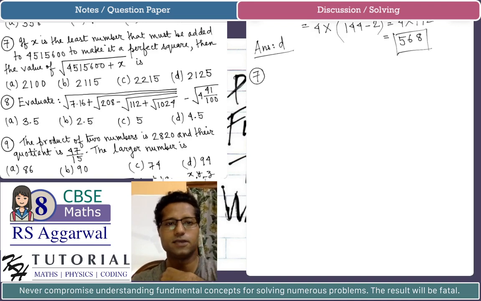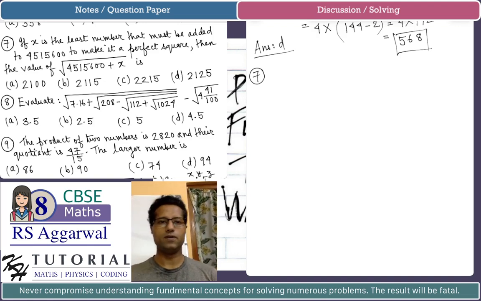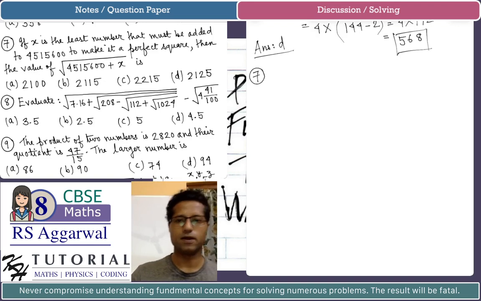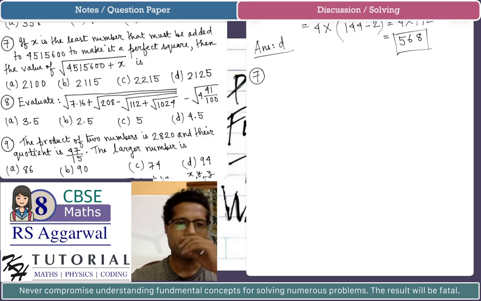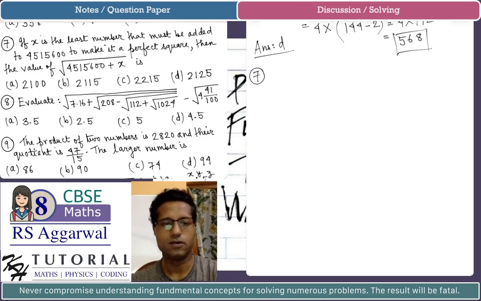Now see that it is saying that x is the least number. We have solved this kind of problem where we are asked to find the least number that must be added to a given number to make it a perfect square. What do we do? We find the square root using the long division method. Let's say the given number is n, and we do long division.